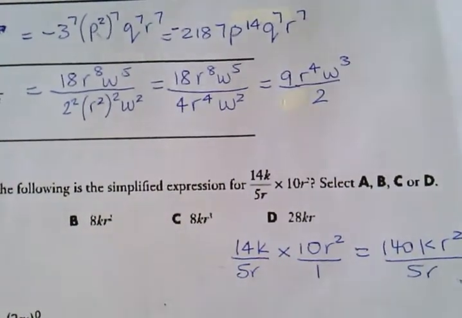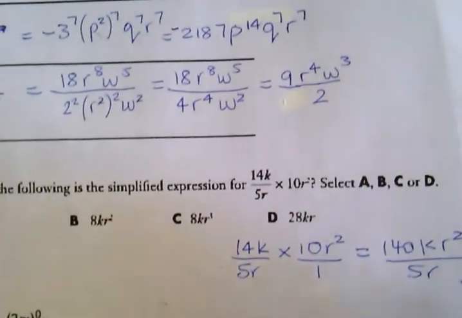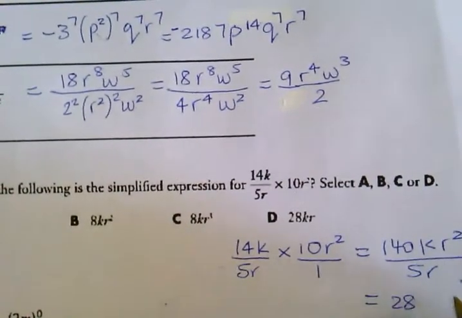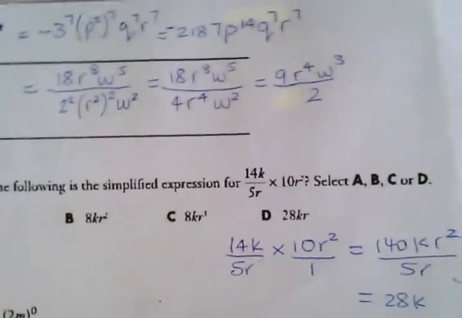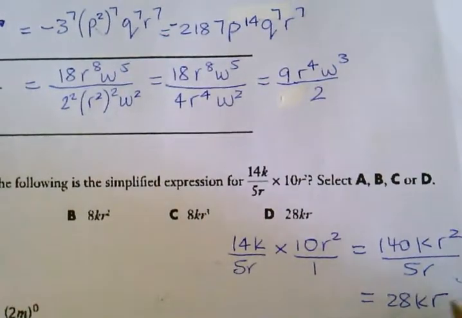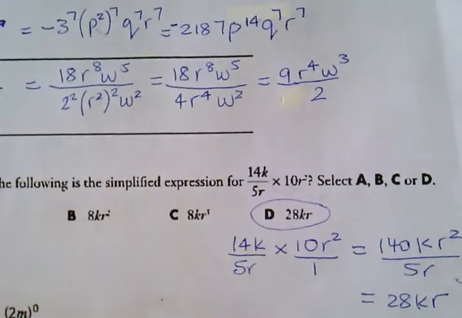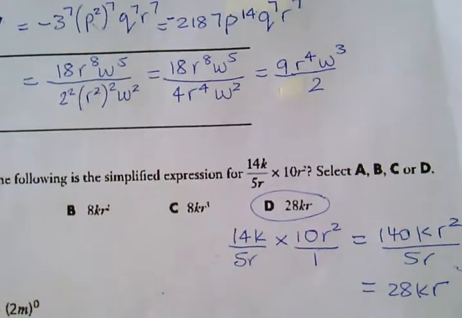Now on your calculator, 140 divided by 5 is 28. So that gives me a 28. The k stays there. And one of these r's cancels with an r on the denominator, so it's 28kr, which is D. Okay? And now for question 4.